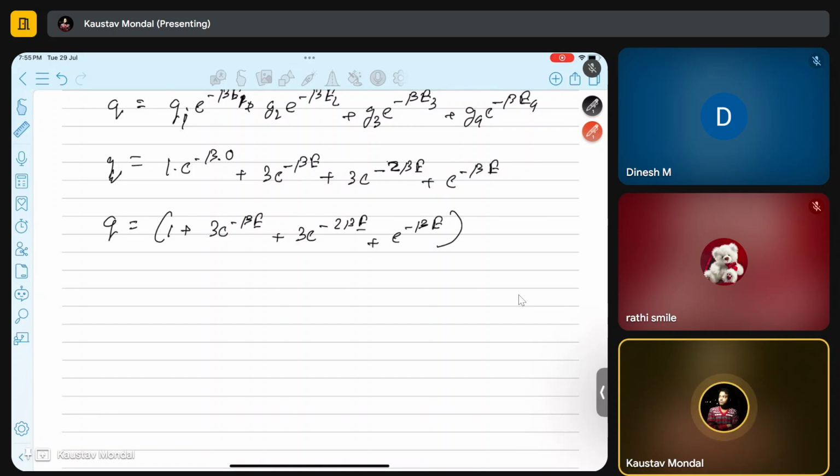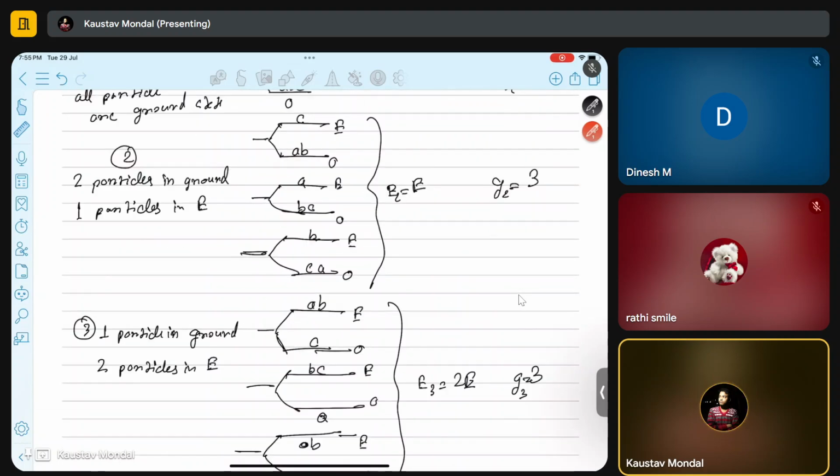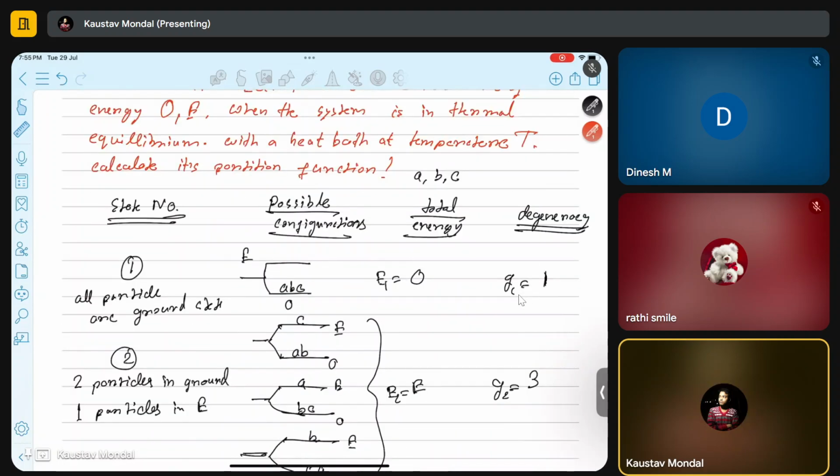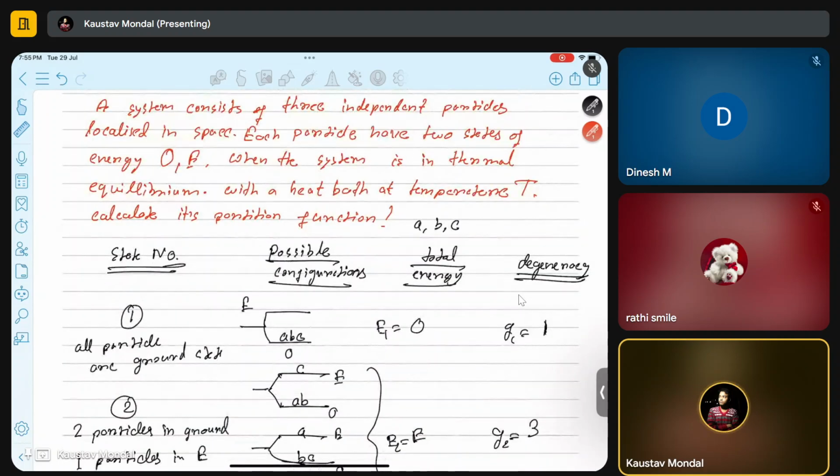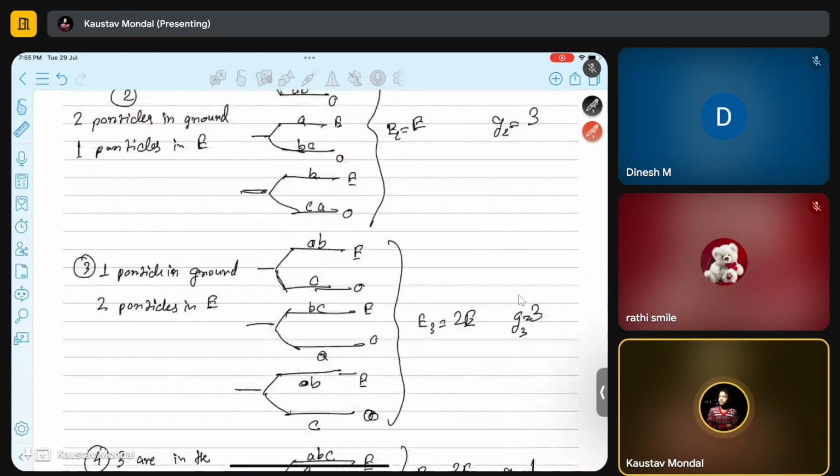So this is the whole expression of the partition function. Okay. So it's actually dependent on both energy and temperature. This problem is only for three particles, so because of that, we can write it in a very simple way.